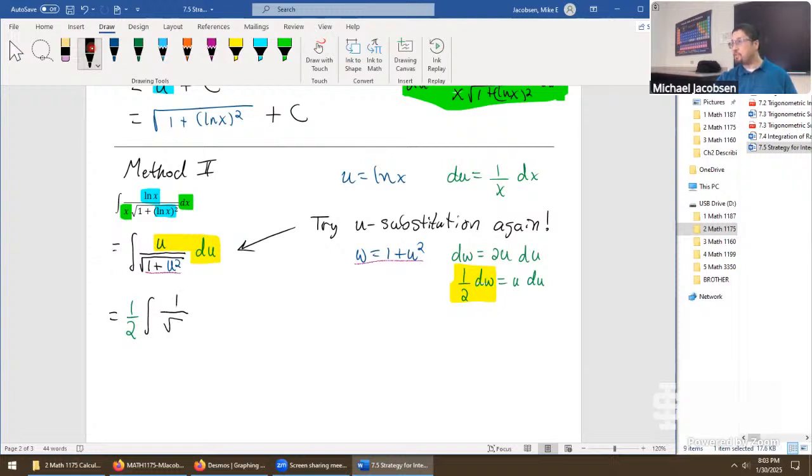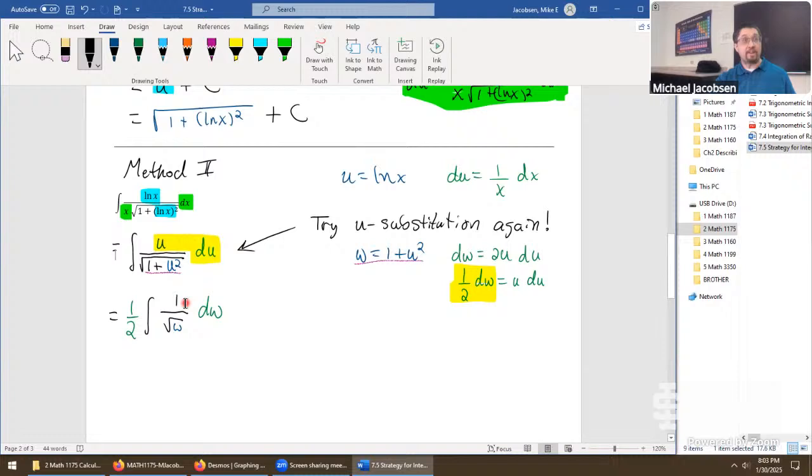We have 1 over root w, and the du right here turned into the 1/2 dw. So the 1/2 has just been scooted outside of the integral over here for a little bit more simplicity in dealing with that. So that's a nice integral right here.